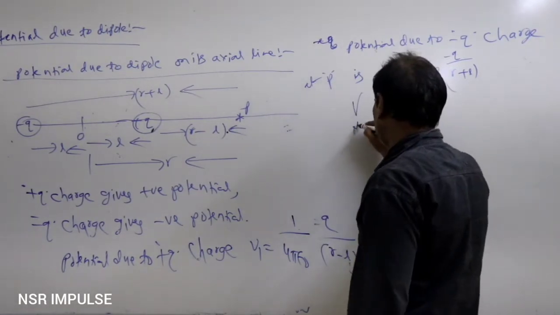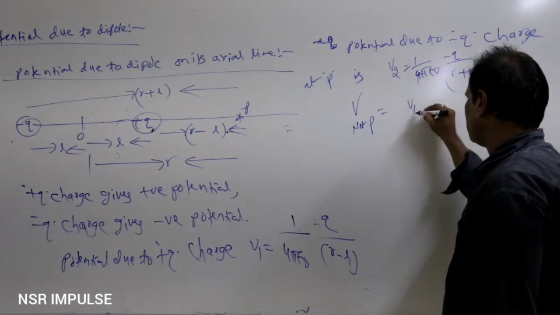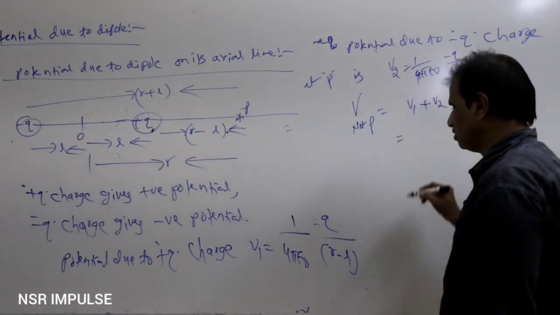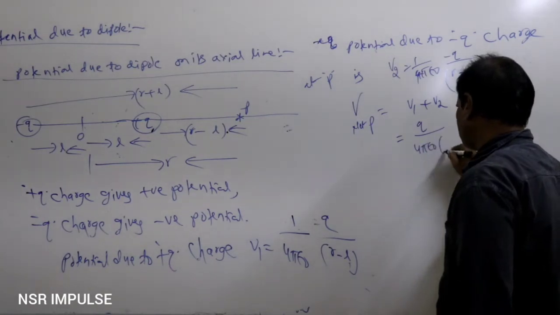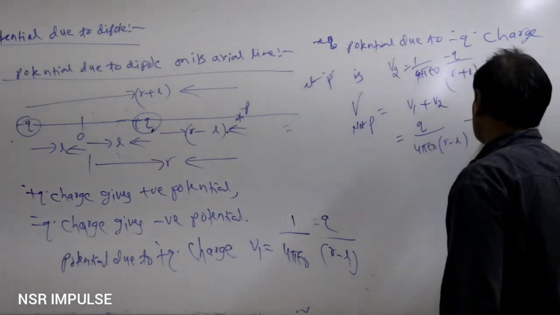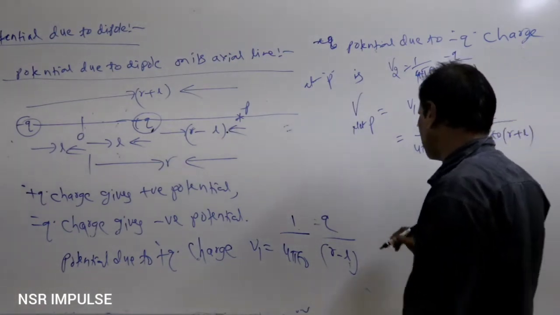Then we have to find the net potential at point P, V1 plus V2. What is V1? q by 4 pi epsilon naught r minus L minus q by 4 pi epsilon naught r plus L.